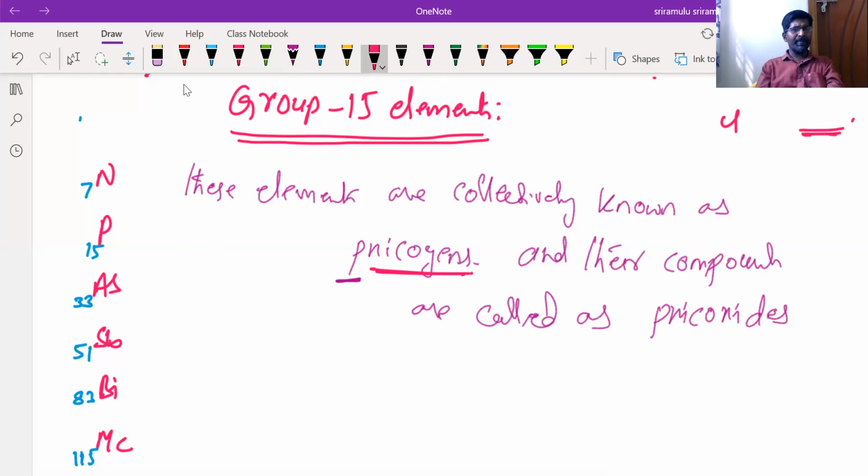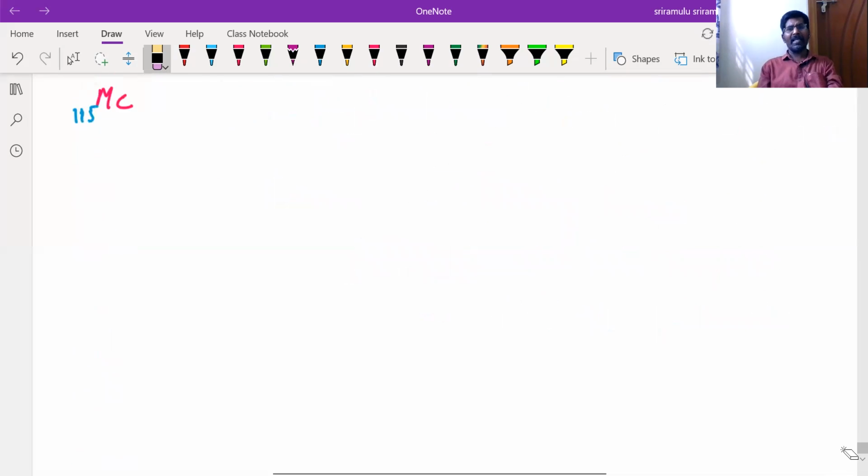Based on their properties, that is the arrangement of these elements in the periodic table, the elements are arranged as metals, metalloids, and non-metals.